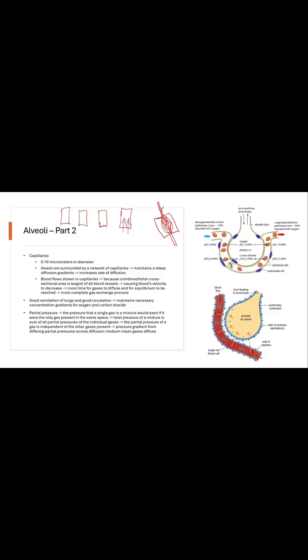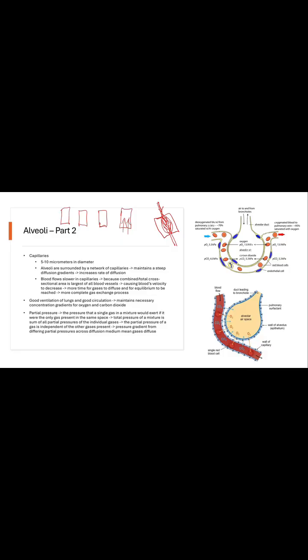Now, this allows for more time for the gases to diffuse and for equilibrium to be reached, and more complete gas exchange can occur. There's also good ventilation of the lungs and good circulation.